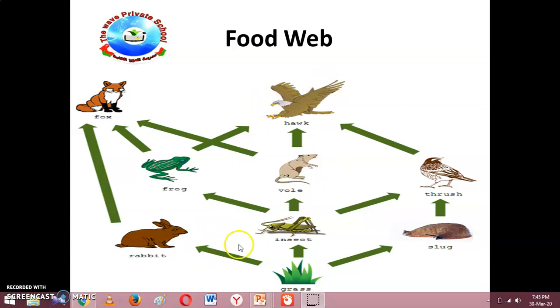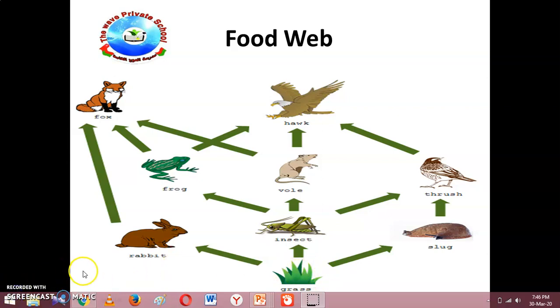In all the food chains, you can see the producers are the green plants, because they are the living things that can prepare their own food by themselves by taking sunlight, water and carbon dioxide through the process called photosynthesis.